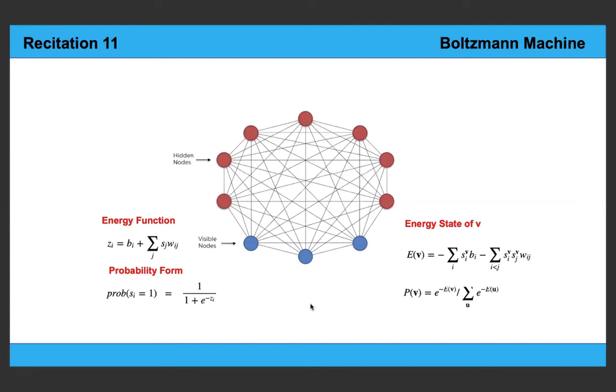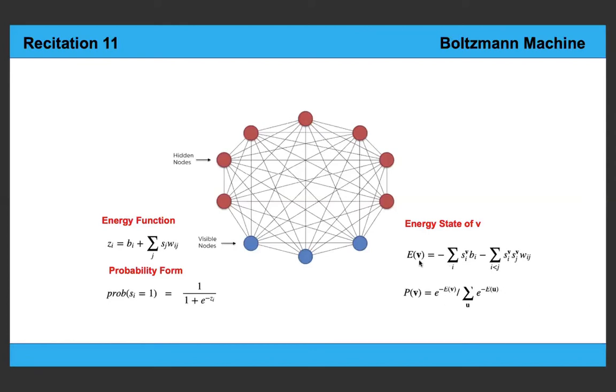If the units are updated sequentially in any order that does not depend on the total inputs, the network will eventually reach a Boltzmann distribution, also known as equilibrium, which means the state vector doesn't want to move to other states. The probability of a state vector v is determined by the energy of the state relative to the energies of all possible binary state vectors, which looks like this.